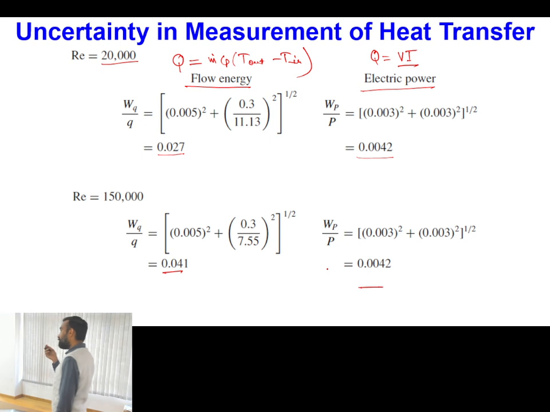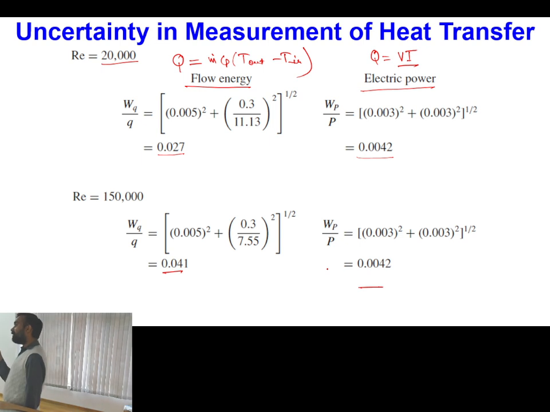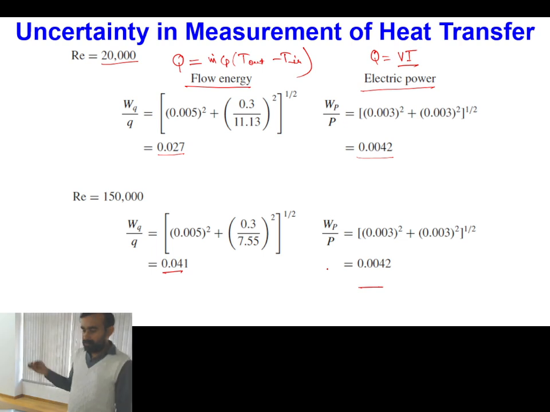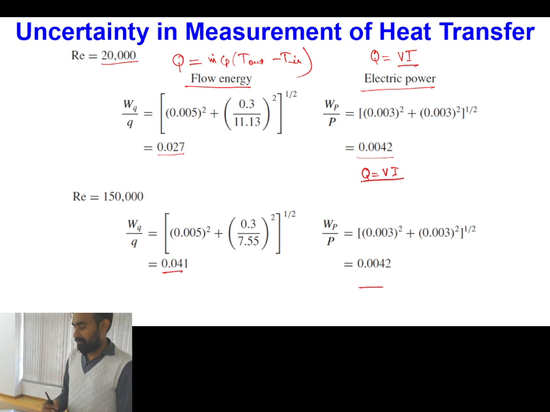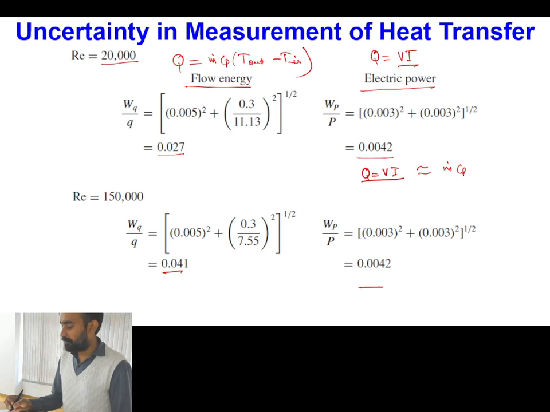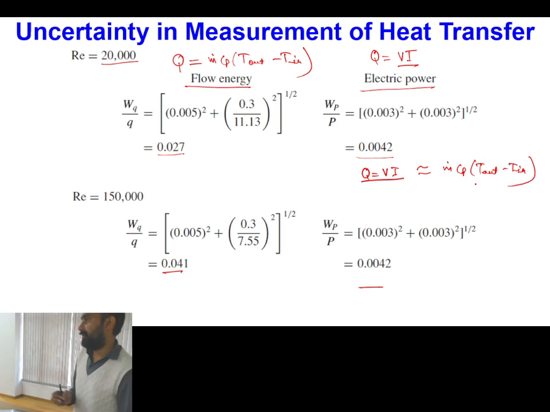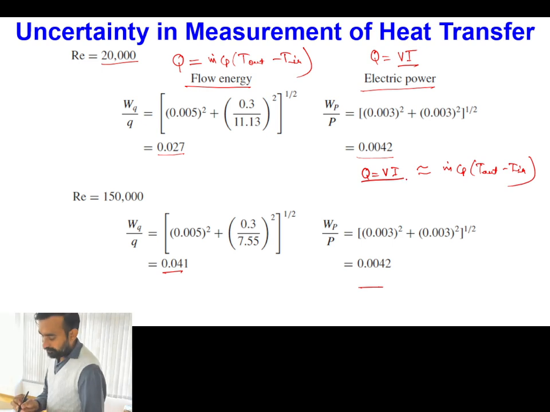But one important point you have to note over here. If you have to estimate whether your experiment is working properly or not, how can you check? The checkpoint is, if you calculate Q is equal to V into I, that should be nearly equal to m dot Cp into T out minus T in. Is this point clear? If there is a large difference between this and this, what does it mean?